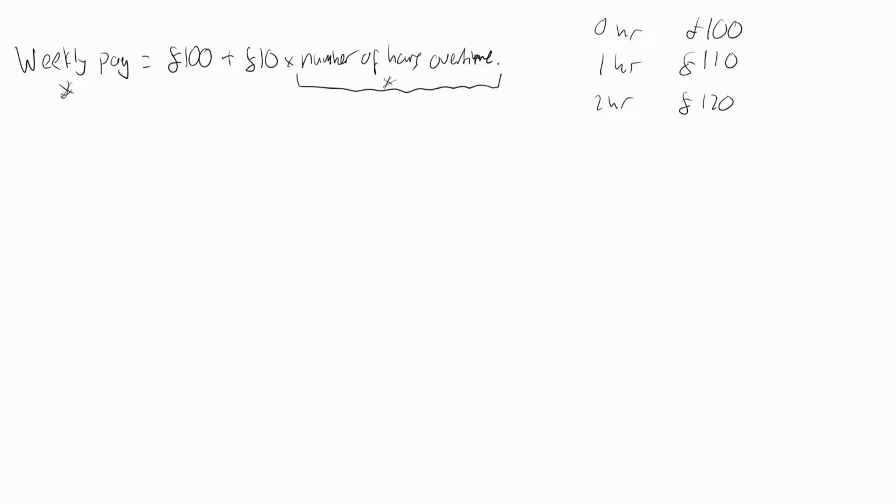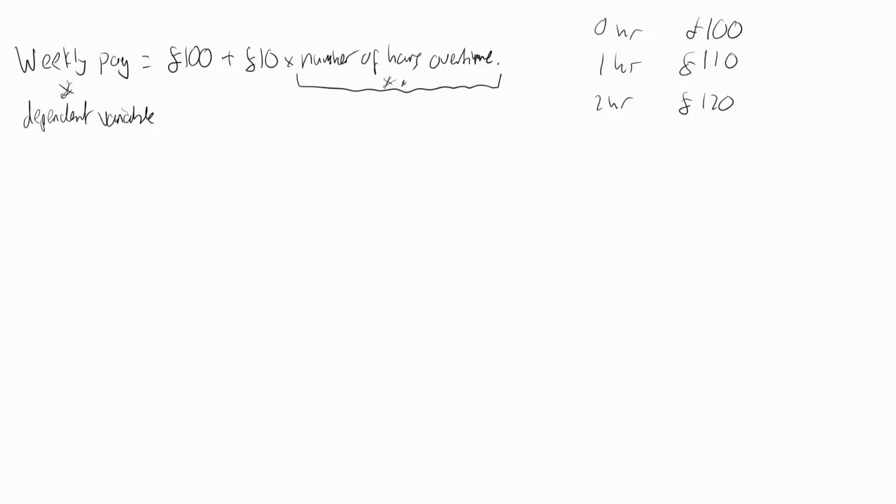So we call the weekly pay the dependent variable because it depends on the number of hours overtime that we work. Okay? So it's the one that changes based on the number of hours that we work. If we work more hours overtime, our weekly pay changes.